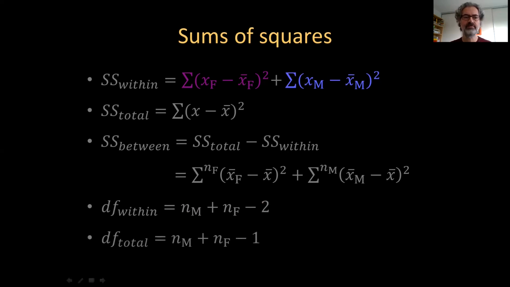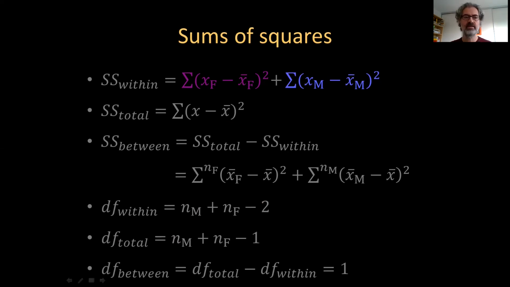For the total sum of squares, the degrees of freedom are the number of data points together minus 1, because this requires the calculation of only one mean, the grand mean. And the difference between these two is the number of degrees of freedom for the between groups calculation.